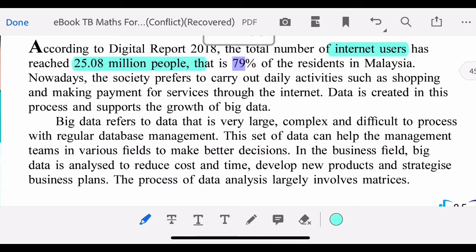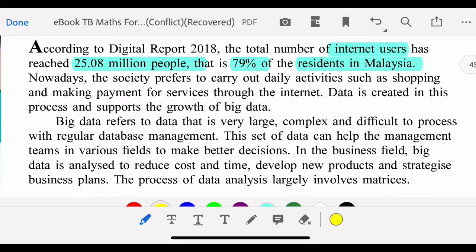It's actually 79% of the residents in Malaysia. But I think now it should be almost 90% because everyone is online. Everyone is using handphone, laptop, and internet. So the internet users, I think, is more than 25.08 million.